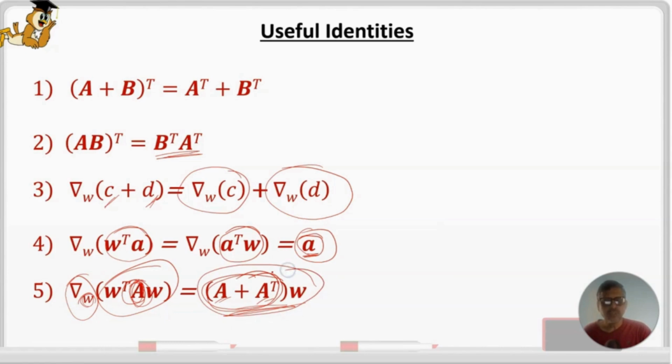Okay, so the proof is not terribly complicated in the sense it does not involve any new principles. It is just a matter of writing this thing out, expanding it and rearranging the terms.